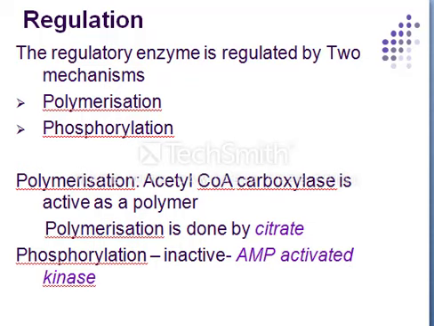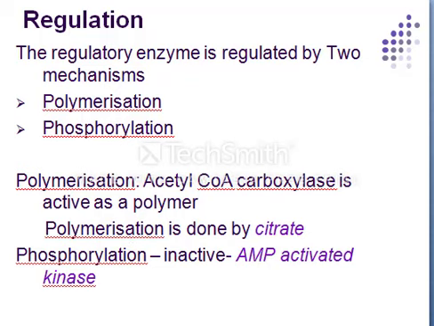This enzyme is the committed step in fatty acid synthesis. Acetyl CoA carboxylase exists as an inactive protomer, or monomer, or the active polymer. Citrate promotes polymer formation, hence increasing fatty acid synthesis. On the other hand, palmityl CoA and malonyl CoA cause depolymerization of the enzyme and therefore inhibit fatty acid synthesis.